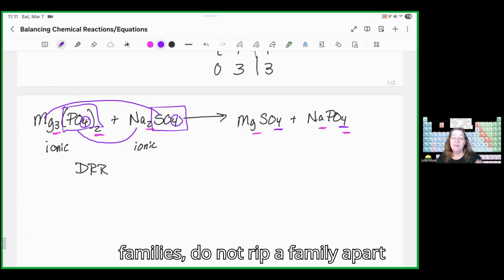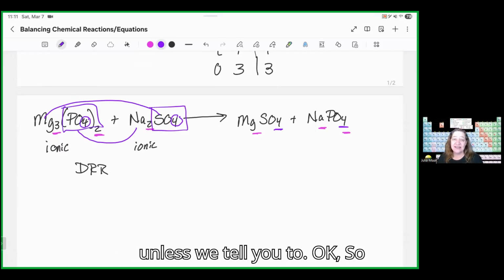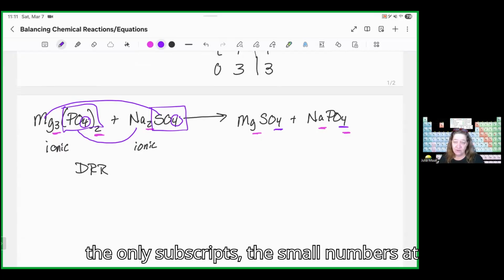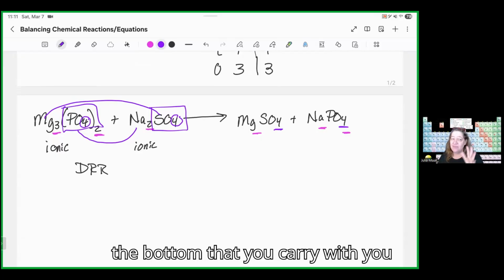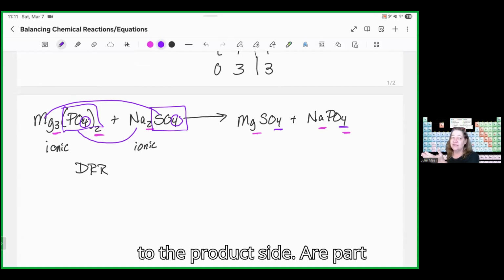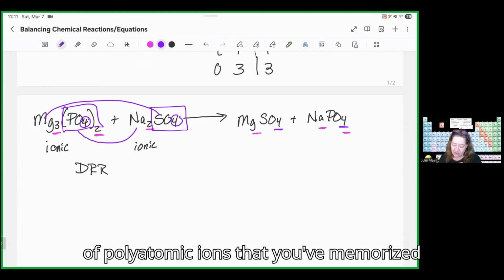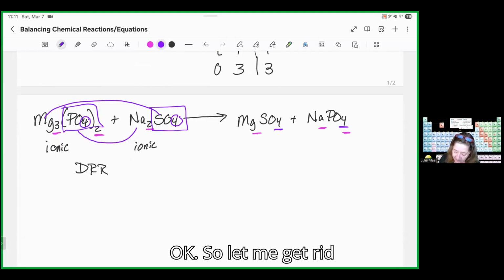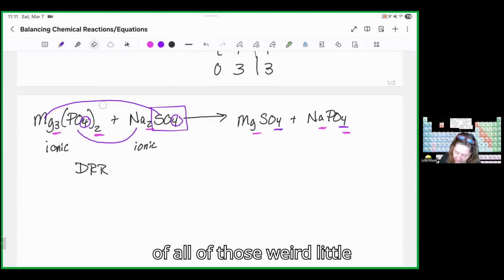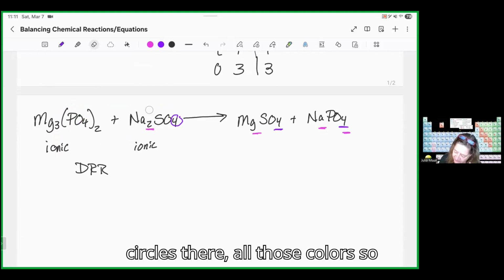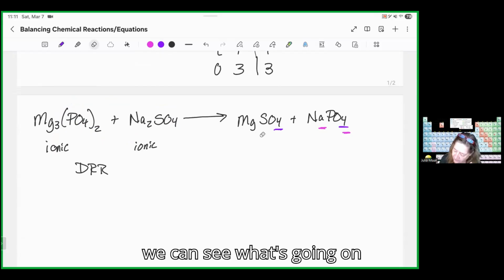Do not rip a family apart unless we tell you to. So the only subscripts, the small numbers at the bottom that you carry with you to the product side, are part of polyatomic ions that you've memorized. Okay, so let me get rid of all of those weird little circles and colors, so we can see what's going on here.